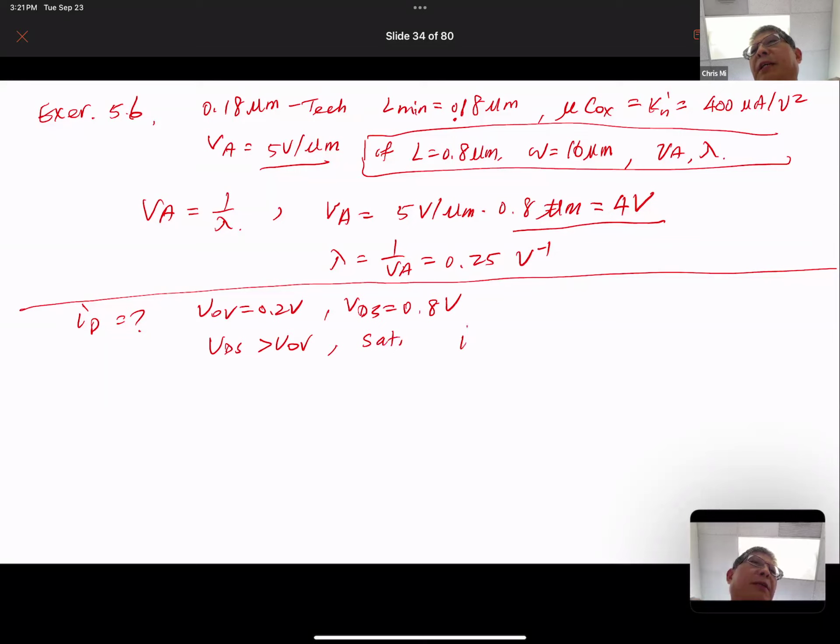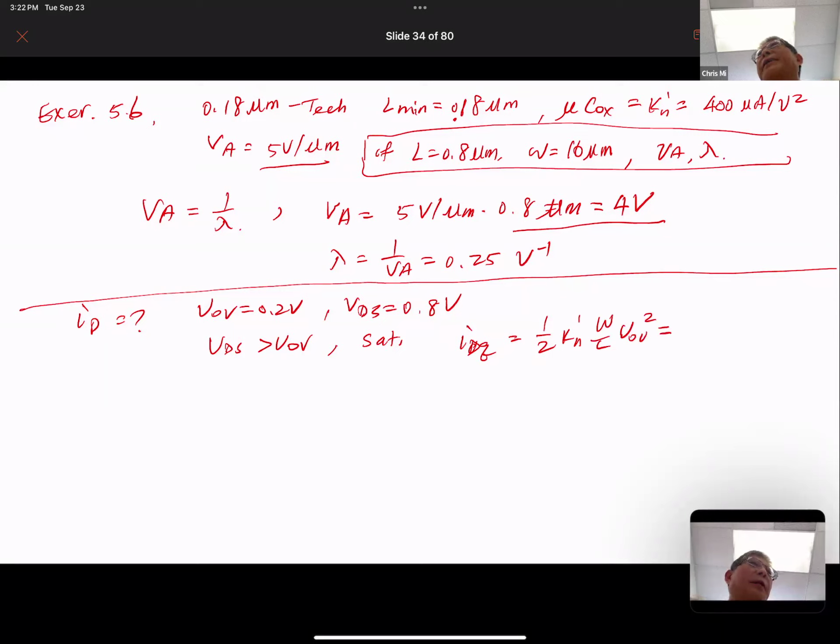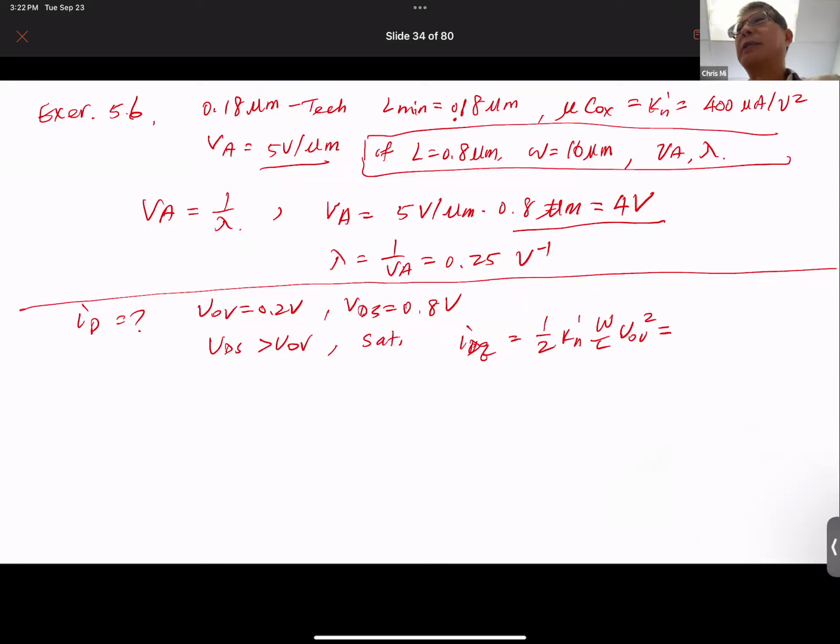Saturation region means ideally it's going to be 1/2 Kn prime W over L VOV squared. That's again, I'm talking about the ideal situation.